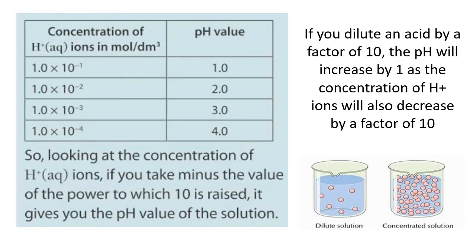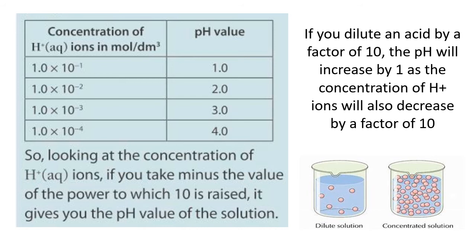Looking at the concentration of hydrogen ions, if you take the minus value of the power to which 10 is raised, it gives you the pH of the solution. Remember, moles per decimetre cubed is a unit for concentration, and in this case we're looking at just the concentration of hydrogen ions in our solution. So if the concentration is 1 times 10 to the power of minus x, then x will be the pH of that solution.